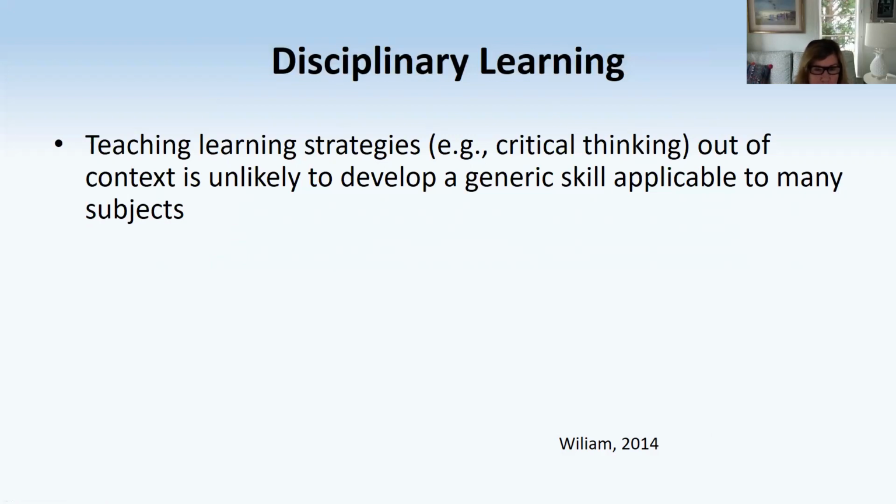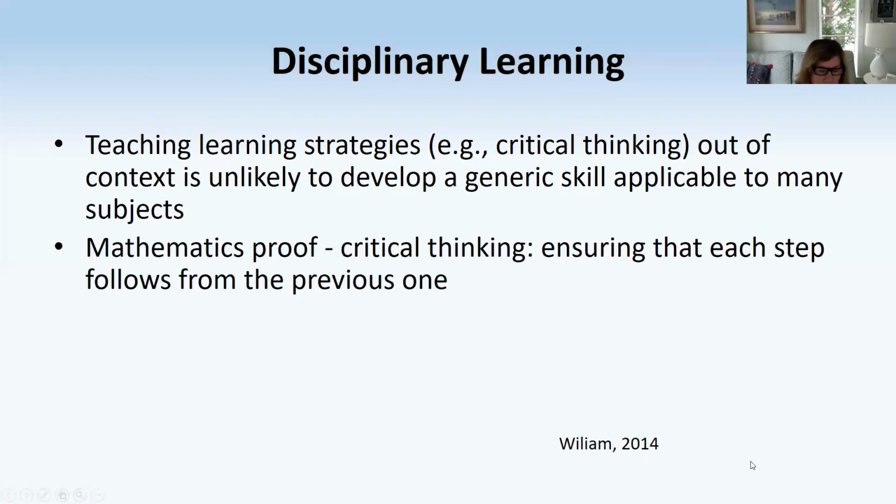That's the first point. And then the thinking that is specific to domains, or to specific disciplines, is unlikely to generalize into a generic critical thinking skill that you can just apply across the disciplines. And Dylan Wiliam has a couple of examples here.